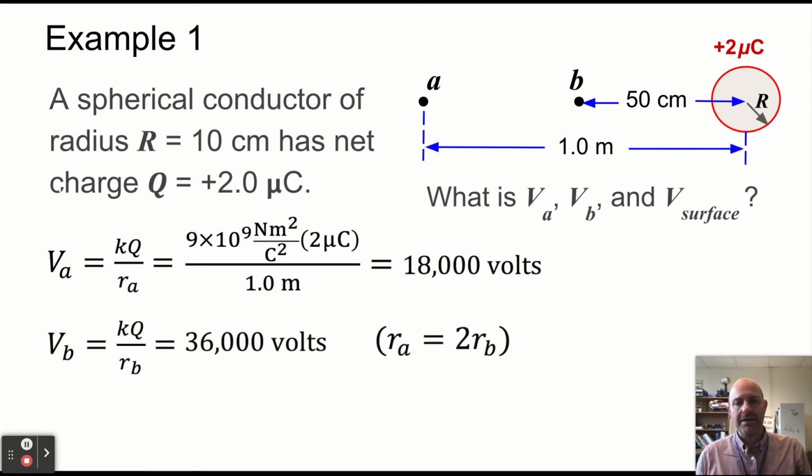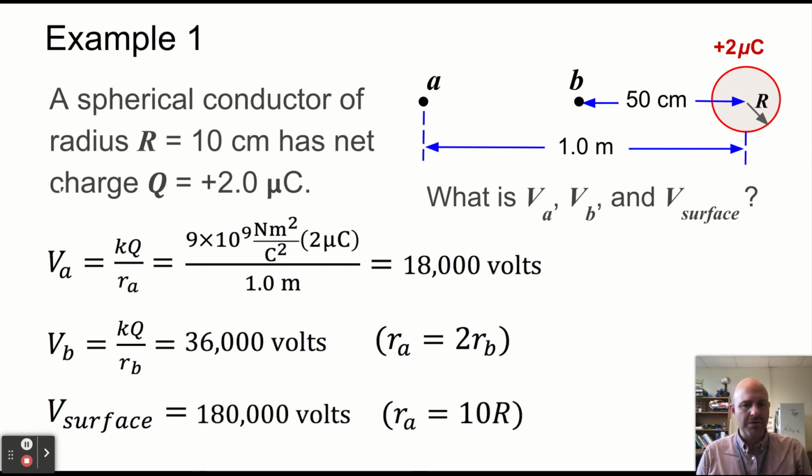At B, it's kQ over RB, so 36,000 volts. We have half the distance and we double the voltage. At the surface, we have 180,000 volts. This is 10R is RA, so that's a tenth of the distance. So it's 10 times the potential.